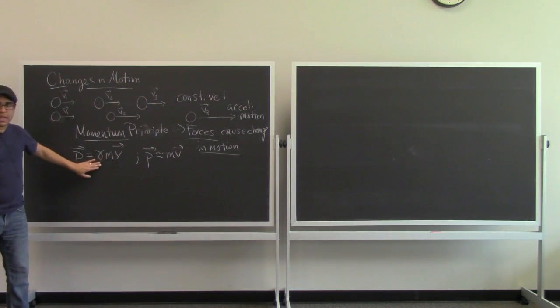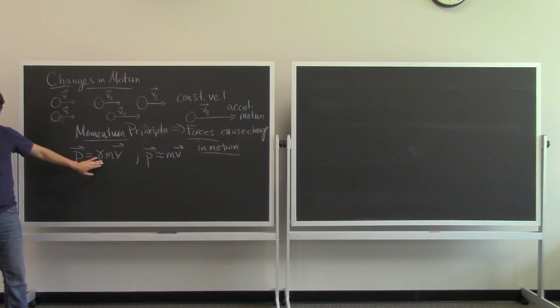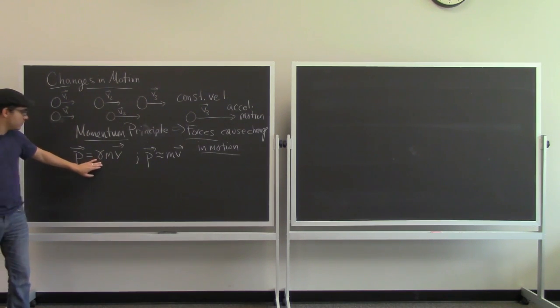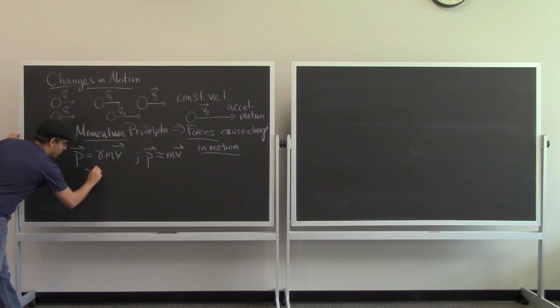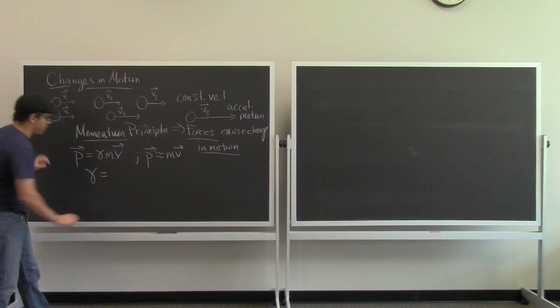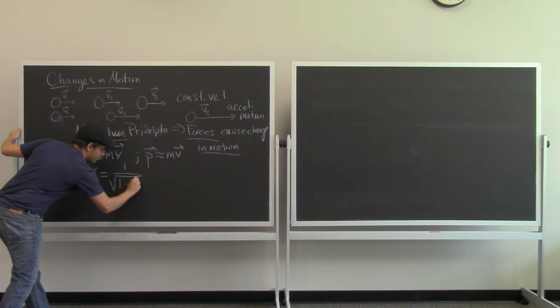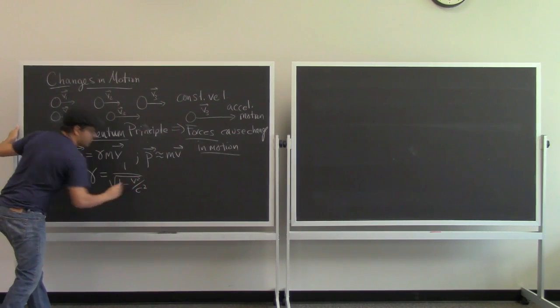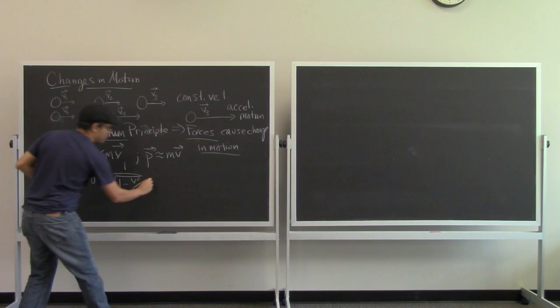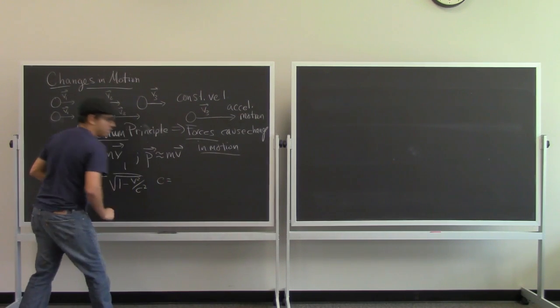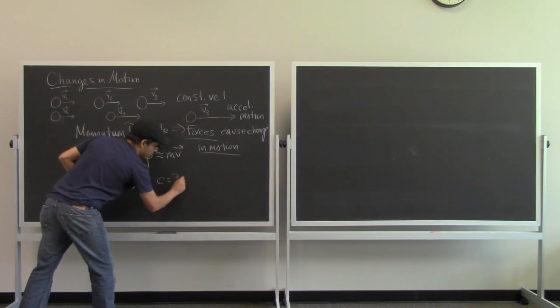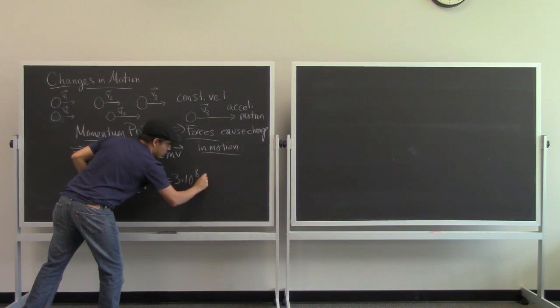The reason for this gamma is because when objects are moving very, very fast, we have to worry about relativistic effects. This gamma is a scale factor that depends on the speed of an object. So it's 1 over the square root of 1 minus v squared over c squared, where c is the speed of light. In SI units, c is 3 times 10 to the 8 meters per second.